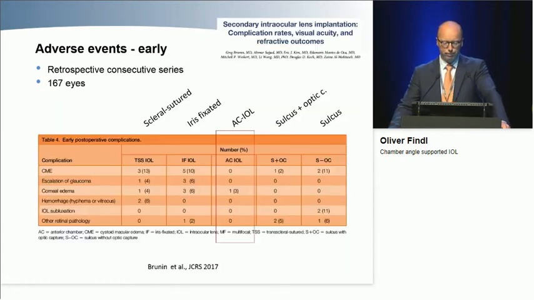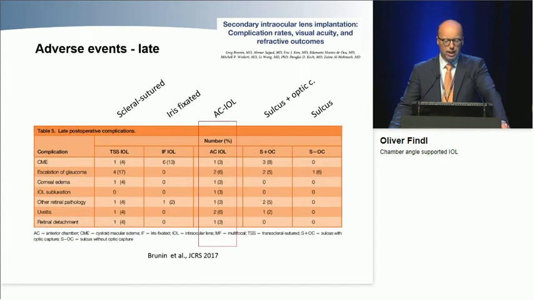Another very recent publication by Doug Koch's group, a retrospective consecutive series of 167 eyes, now comparing scleral sutured, iris fixated, AC IOL, sulcus placement with optic capture, sulcus placement without optic capture. These are the early adverse events, and you can see very, very little for AC IOLs, actually the lowest number for AC IOLs.